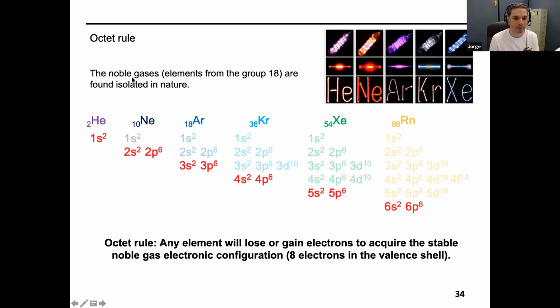So think about that: every element wants to be a noble gas. To be noble means to have 8 electrons in the valence shell, and that is called the octet rule.